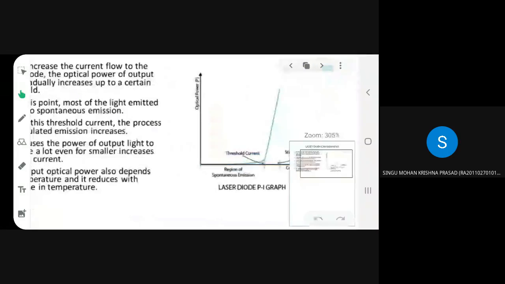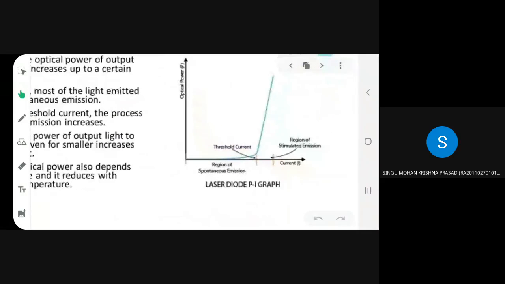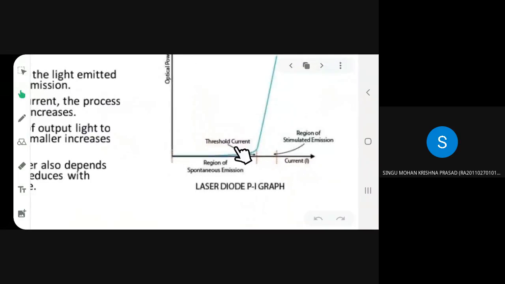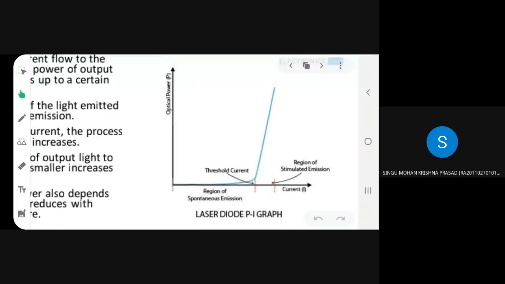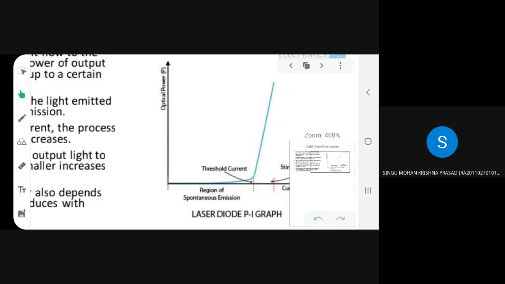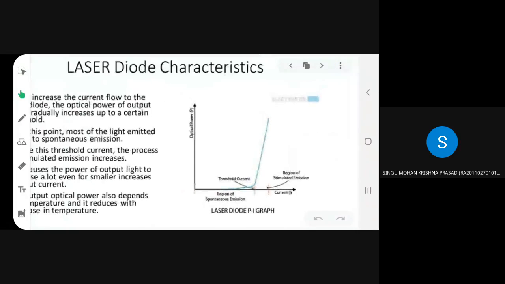Now, if you look at the characteristics of the same laser diode, you can see that this particular point is called the threshold current, and on this axis you have optical power, and here you have current. This is a characteristic curve drawn between current and optical power. So when the PN junction, that is the pin diode, that is the laser diode, is activated up to the threshold point, whenever you increase the input electric current, the optical power will be gradually increasing.